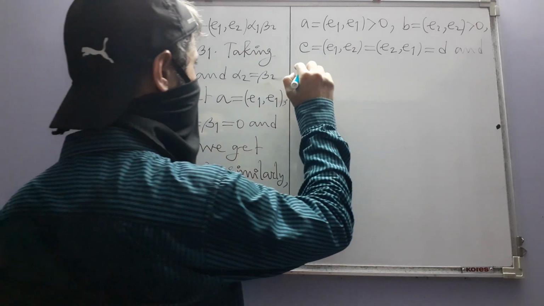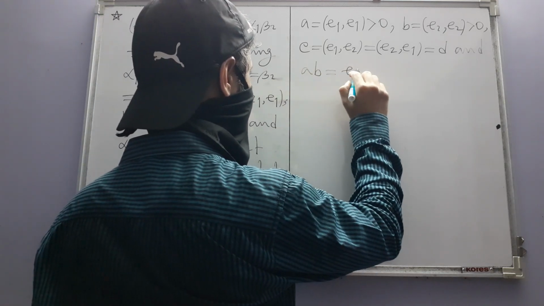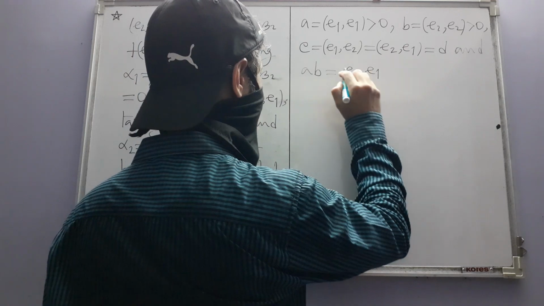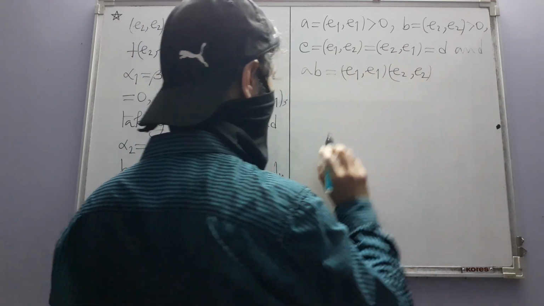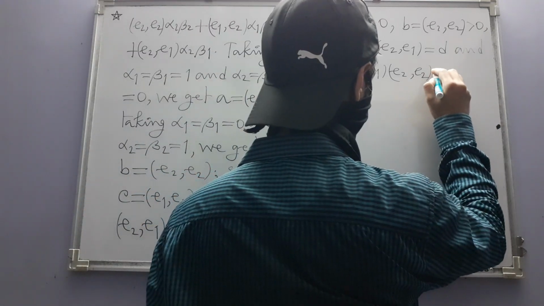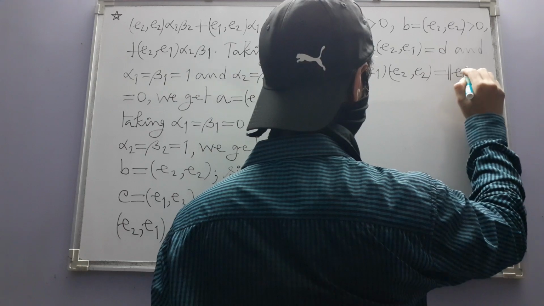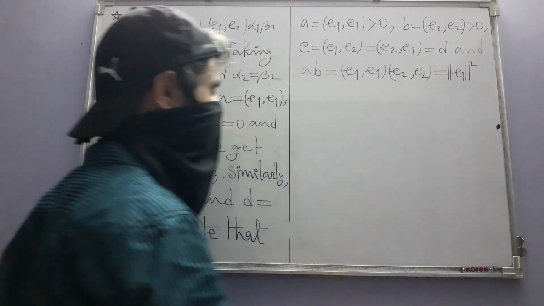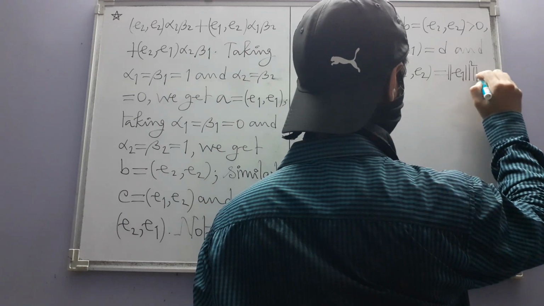Here, AB is E1, E1 times E2, E2, that is the square of the length of E1 times the square of the length of E2.